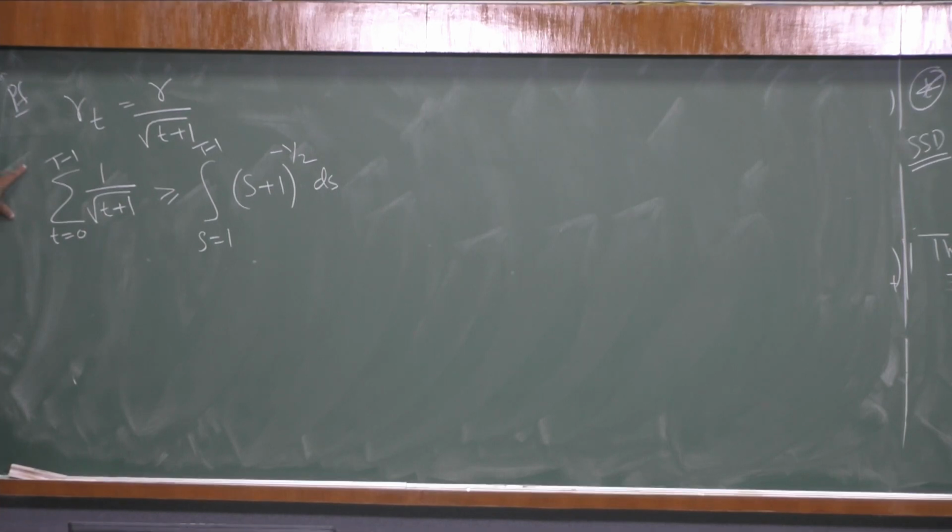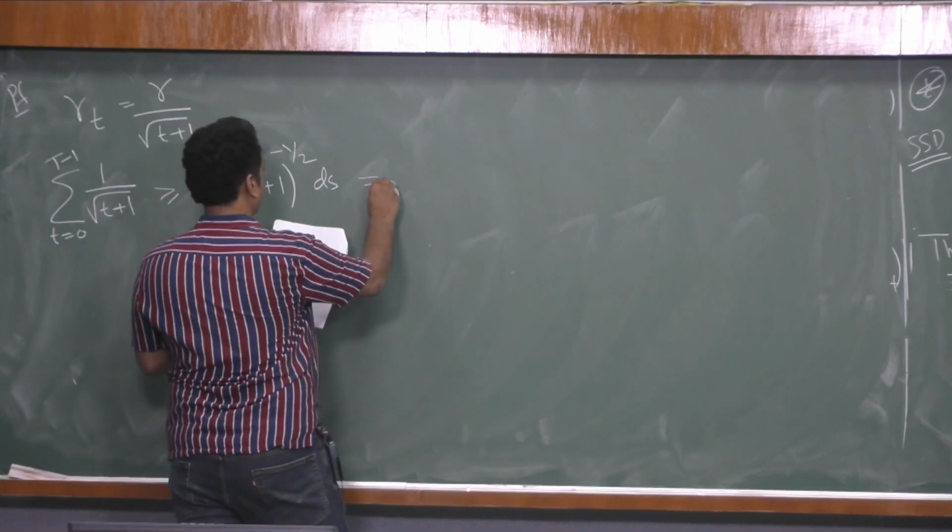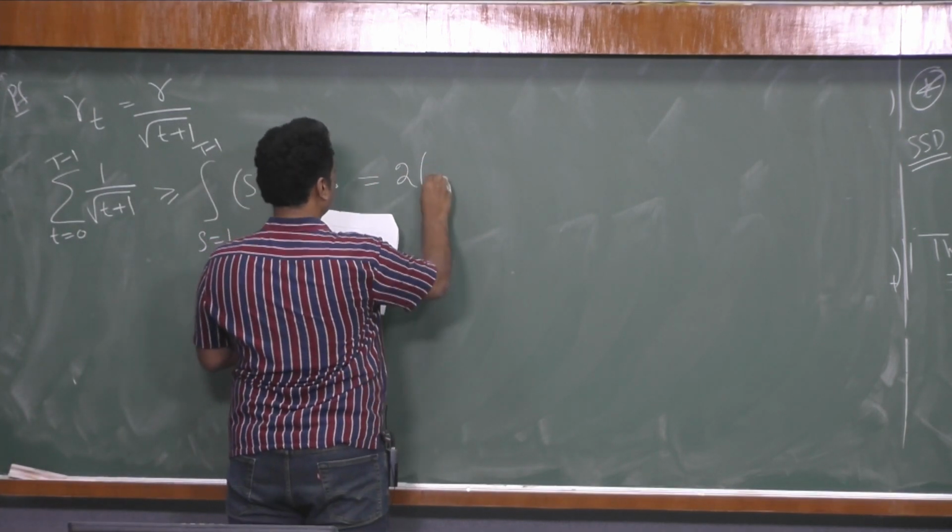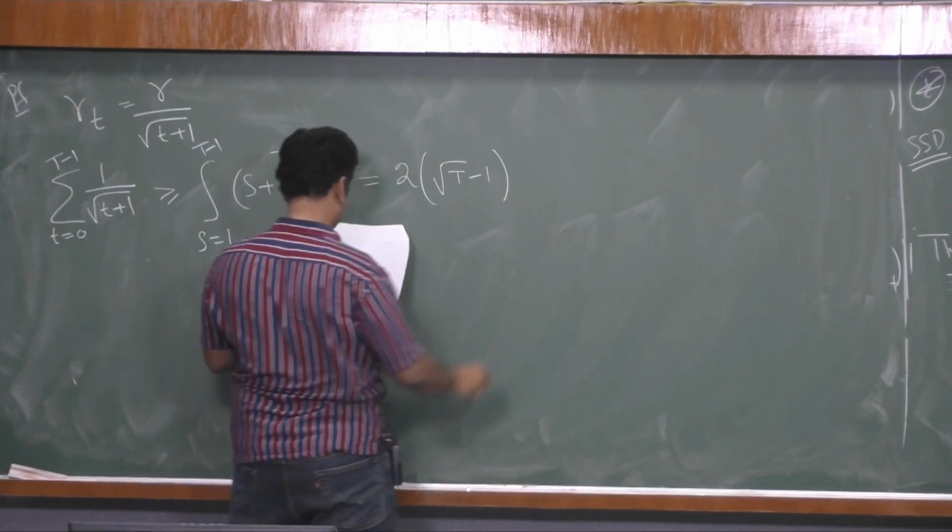This is a result from analysis, and it holds. You will get expressions in t, and after the integral the expressions will also be in t. I'm not going to attempt to prove this, but apparently it should be provable. So this is 2 square root of t minus 1.